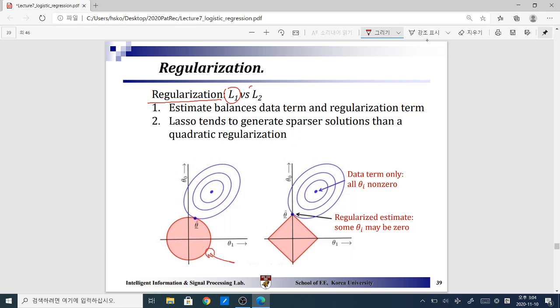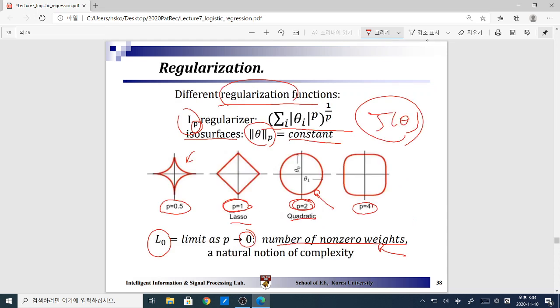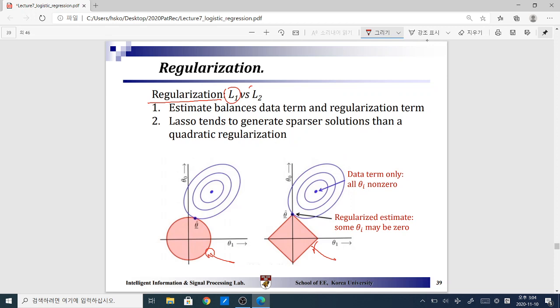This is the case for L1, the lasso case, and this is the quadratic case for L2. I should say this is lasso and this is quadratic. So the quadratic is P equal to 2, and this is P equal to 1.